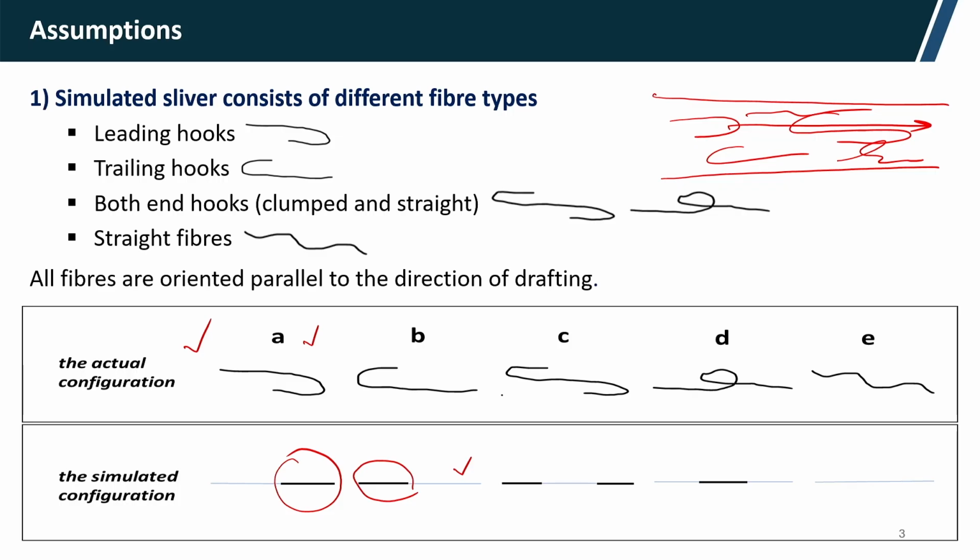For both end hooks, the thick lines are on both sides and at the center there will be a thin line. For a clamped type of hook, the center is a thick line and on both sides there will be thin lines, and the straight fibers are shown by a thin line. If it is a thin line, we do not have to be worried, because it depicts a straight portion, but the thick portion is a hooked portion.